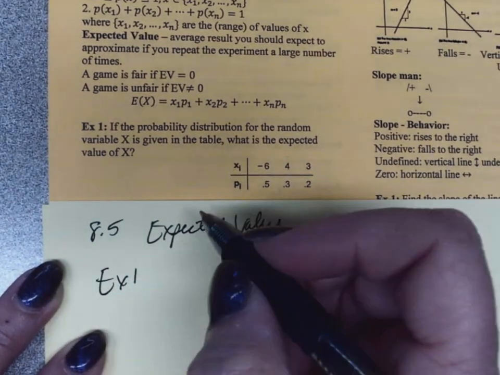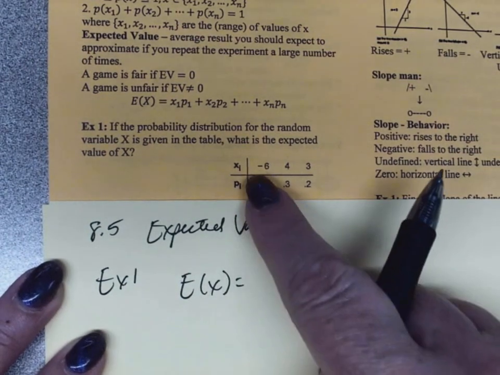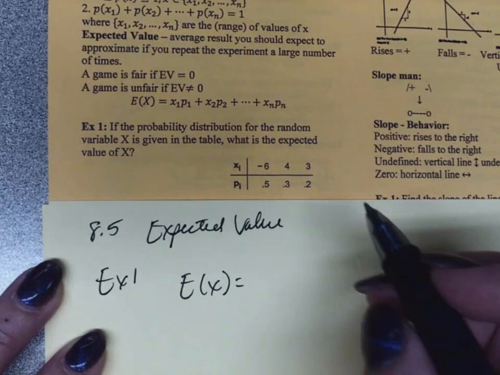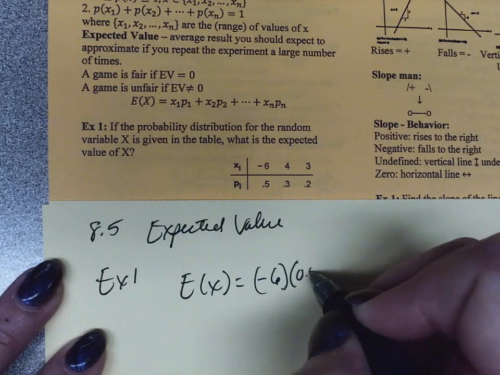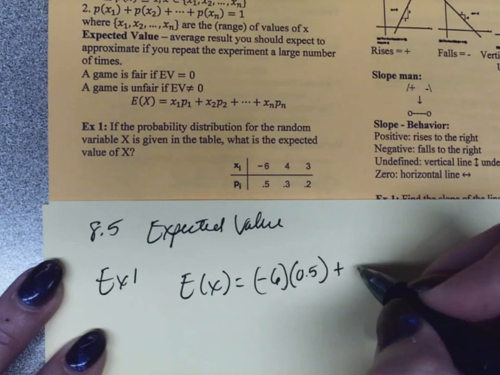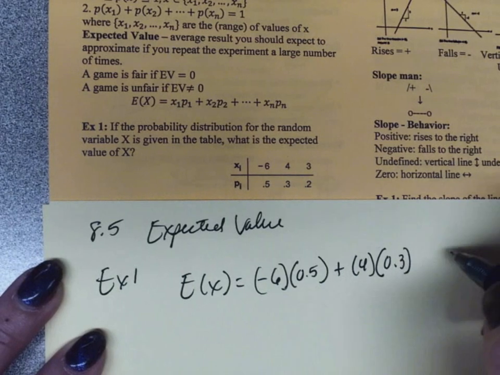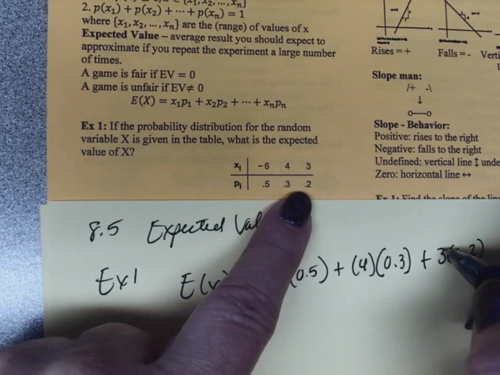So for example 1, our E of x is going to be our x value times the probability value. So we're going to have -6 times 0.5 plus 4 times 0.3 plus 3 times 0.2.